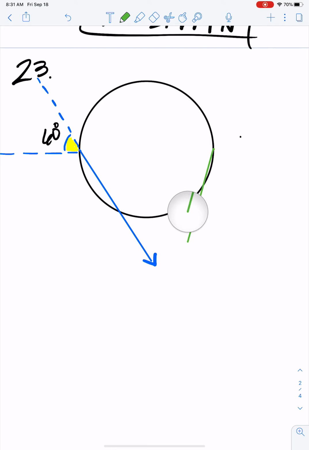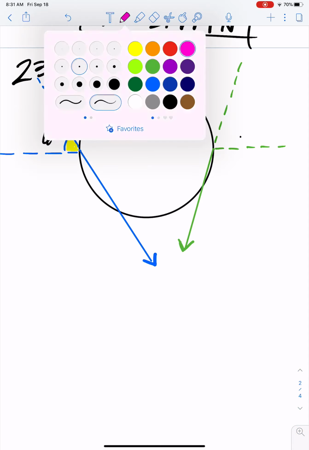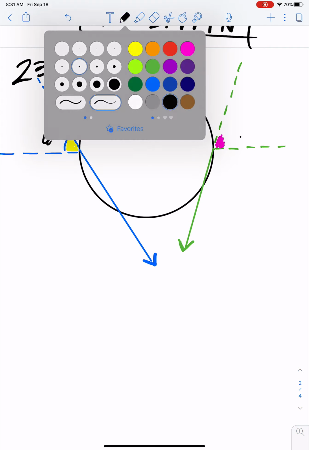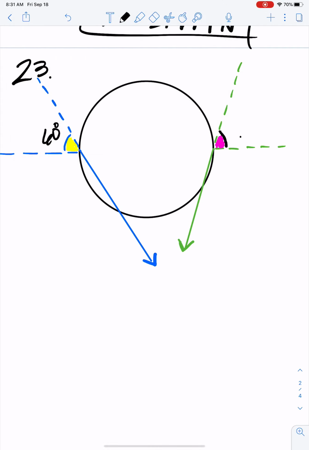Yeah, Jerry pushes with 35. All right. So then we can go ahead and dotted line that back. All right, and dotted line that over. And we got another angle there. And this one's going to equal 80 degrees.